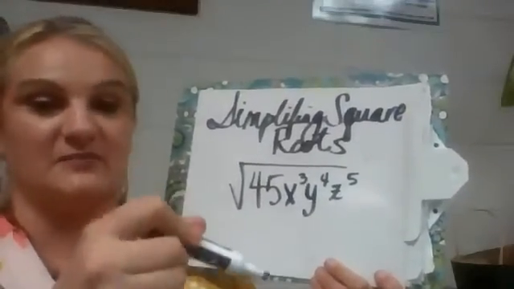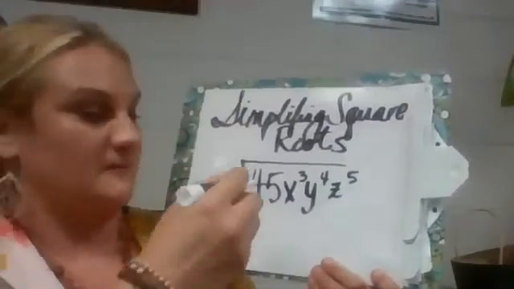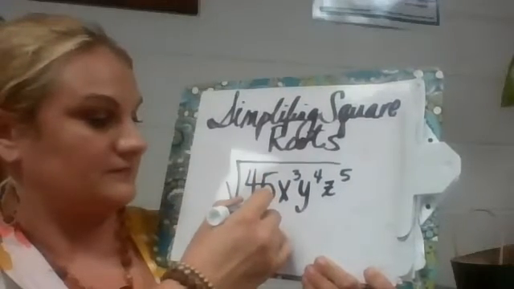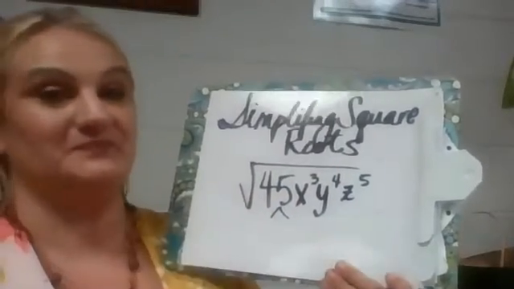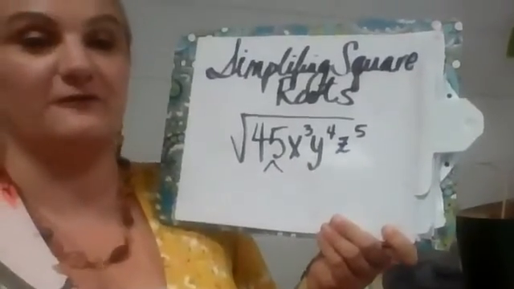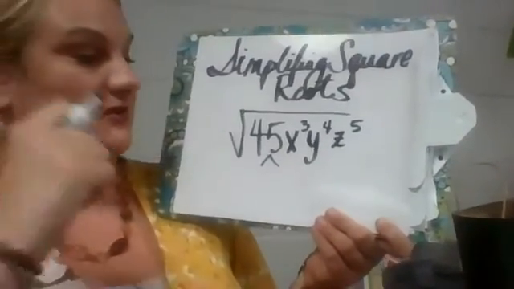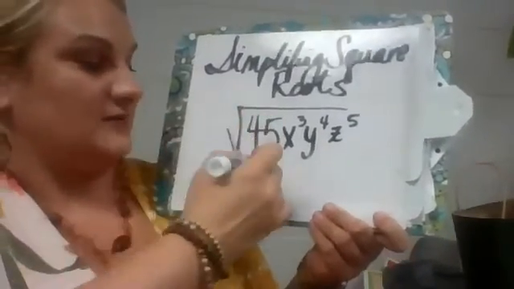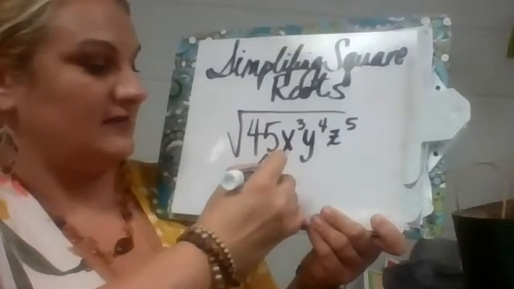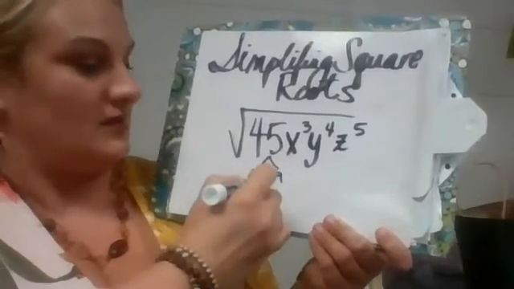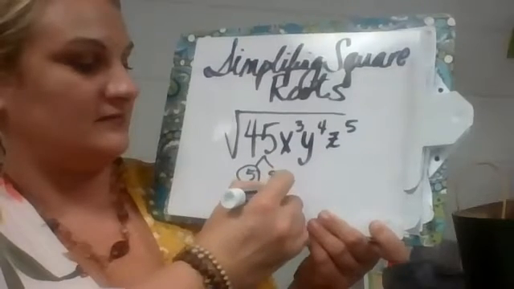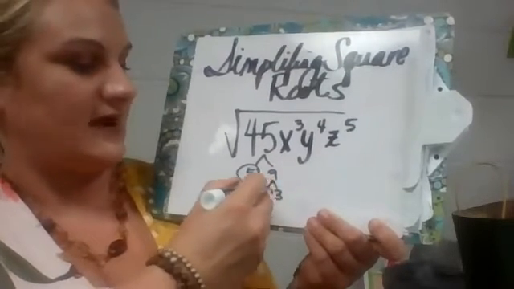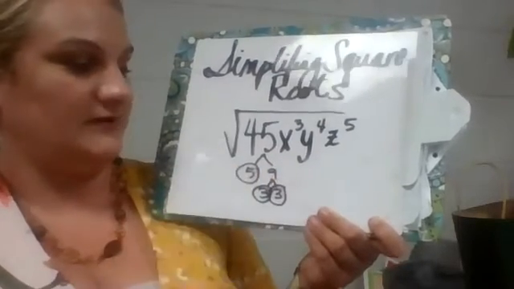So your next step is to factor it. It's like the factor dating game, because we're looking for pairs to pull out. Okay, so 45 can be factored into 5 and 9, and 5 is prime, and 9 can be factored into 3 and 3.